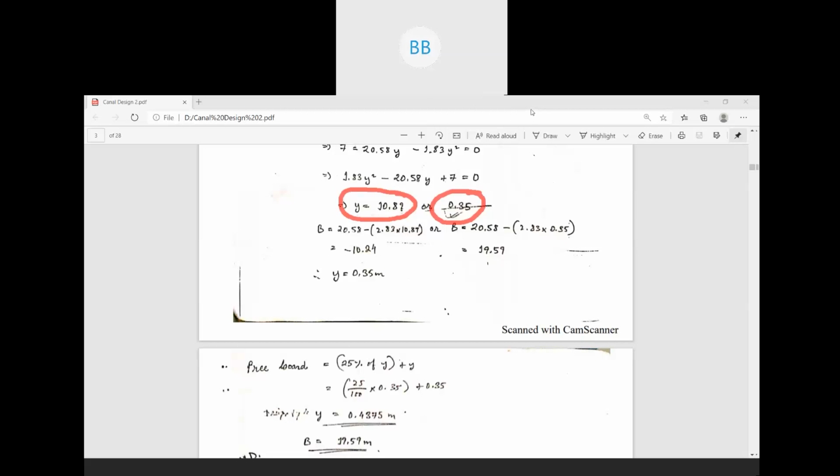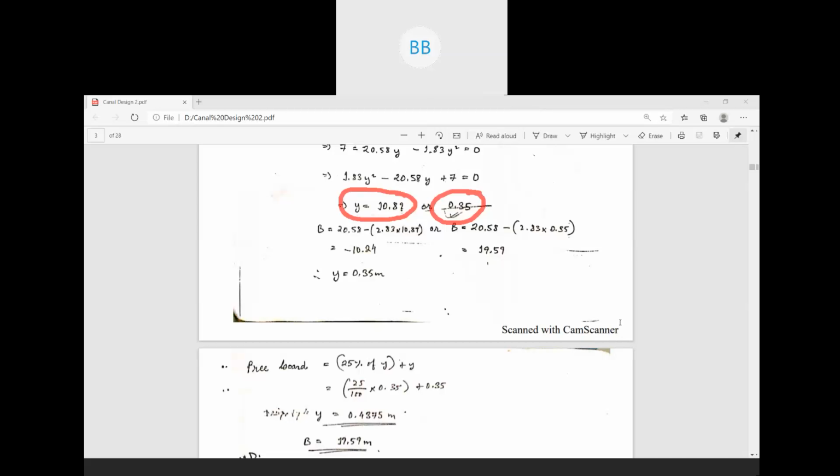One is 10.89 and another is 0.35 for the depth of flow.